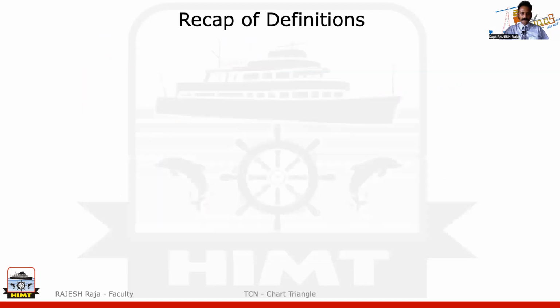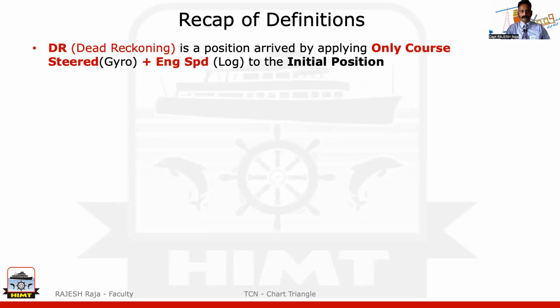So let's quickly go into the topics, but before that, a quick recap of definitions. I'm not going to spend too much time, but just let us have a look at what we saw. We saw what is a dead reckoning. So DR is applying your course steered and engine speed to your initial position.